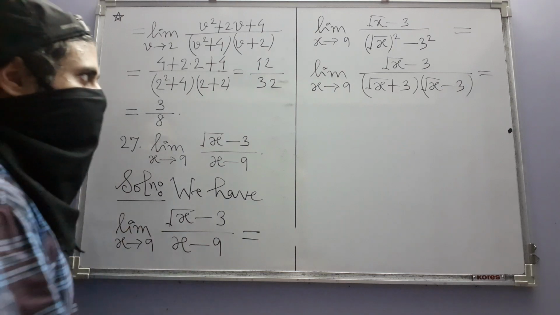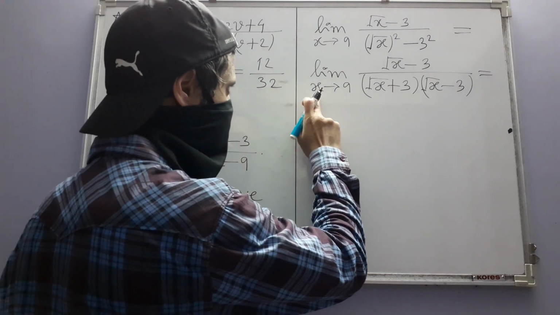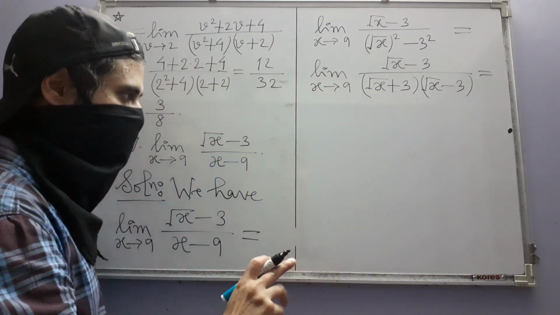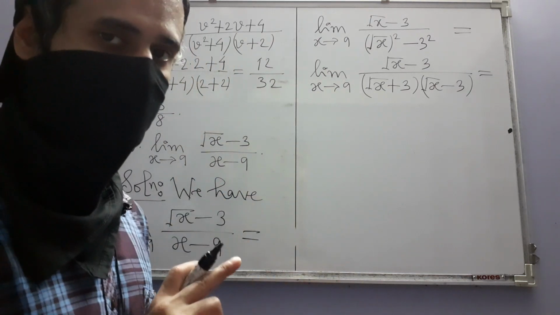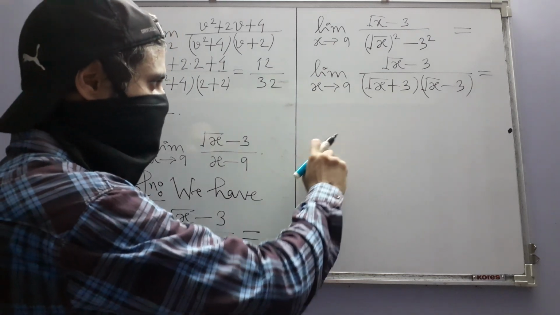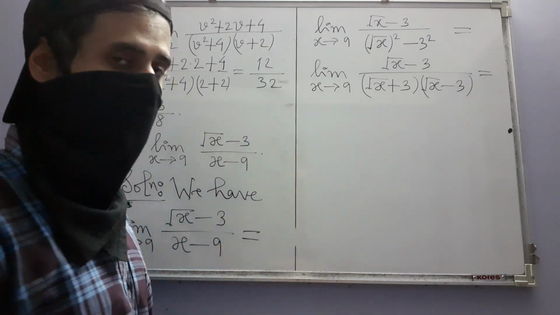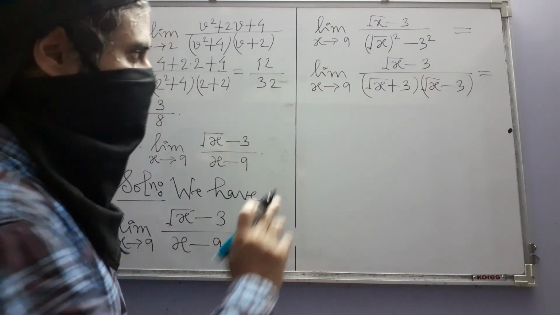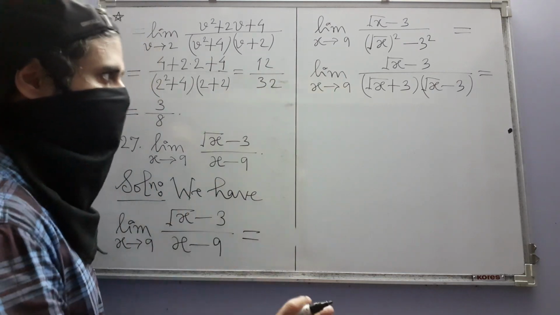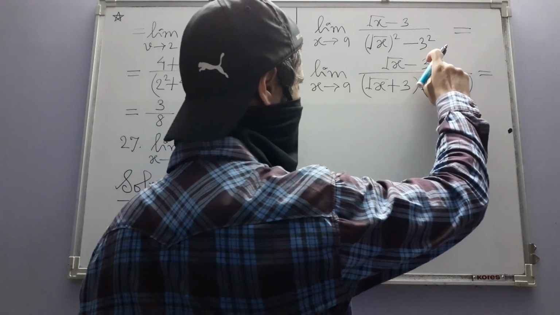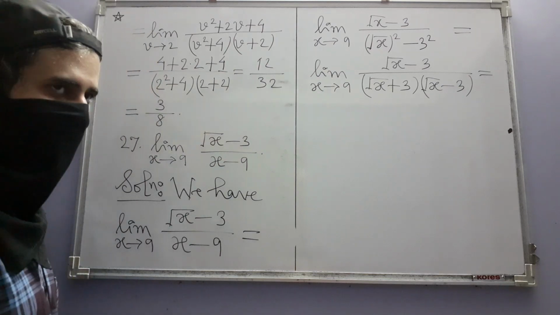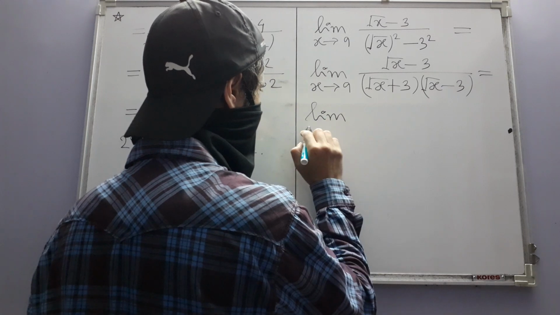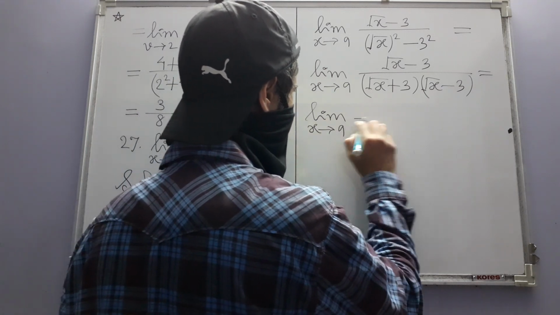Okay, now note carefully that because x is not equal to 9, square root of x is not equal to 3, because had square root of x been equal to 3, x would have been equal to 9, but that's not the case, because x is only approaching 9, it's not equal to 9, and that's why these two things are non-zero. So you can cancel them and have this.